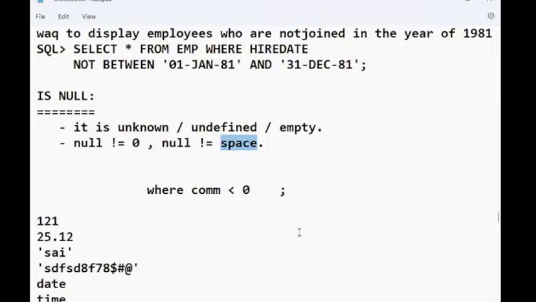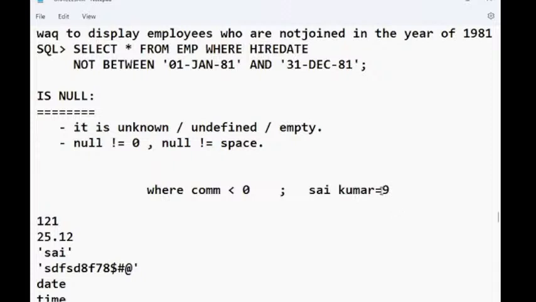For example, if you have the name Sai Kumar, how many characters? Sai is 3 characters, Kumar 5, 5 plus 3 is 8, and between them the space is also countable, total 9.